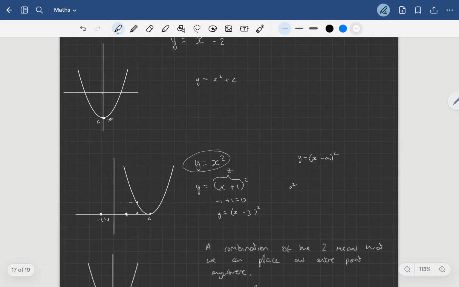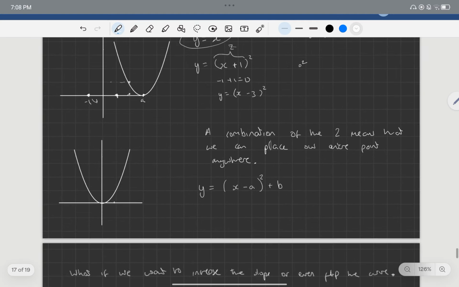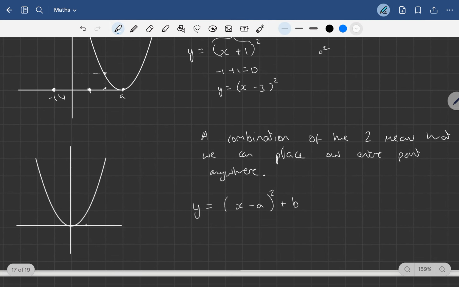Okay? Now, a combination of these two movements means that we can place our center point anywhere. Okay? So say we have our starting point right here with coordinates 1, 2.